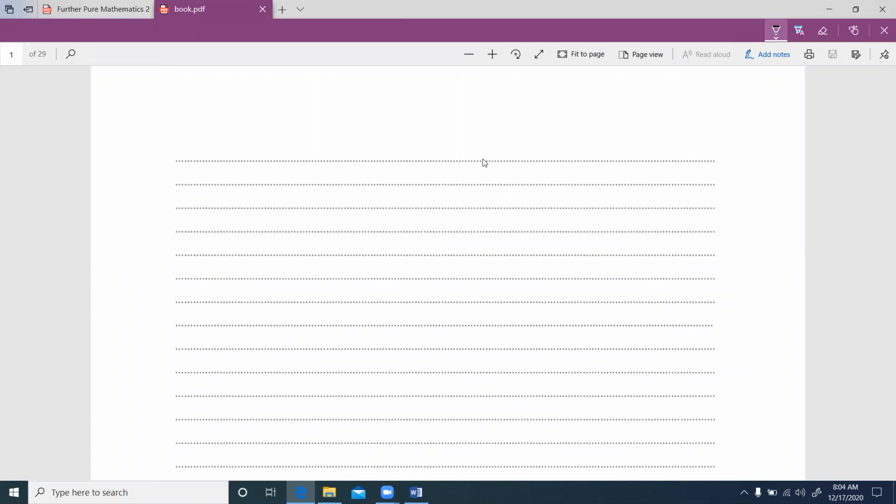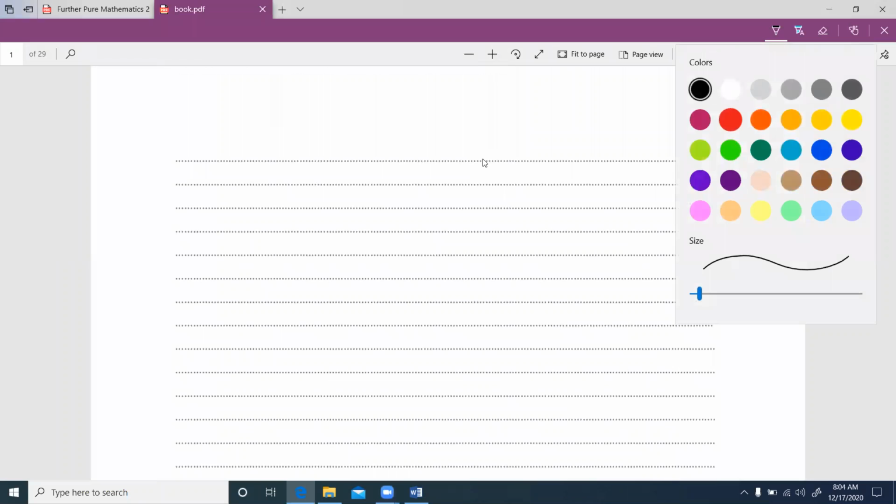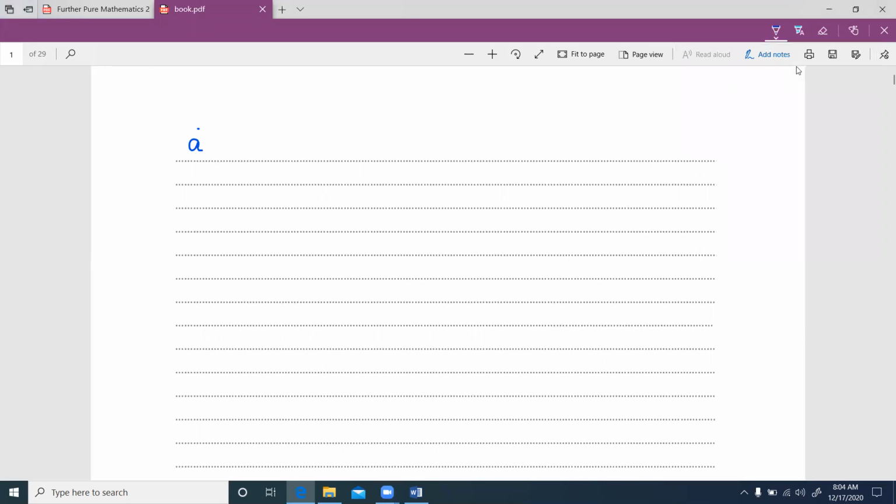If the differential equation is in this kind of format, a d squared y by dx squared plus b dy by dx plus c is equal to 0, we call this a homogeneous differential equation.